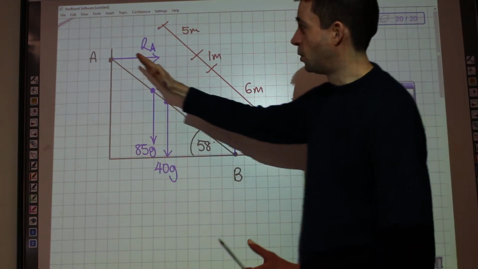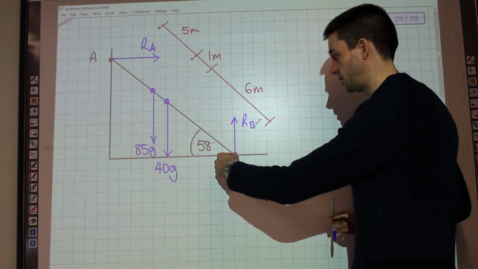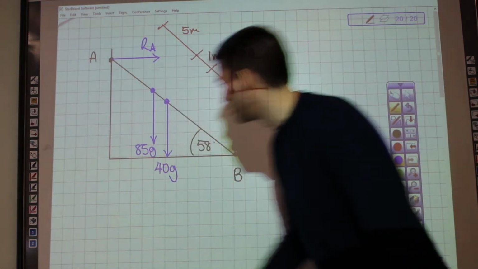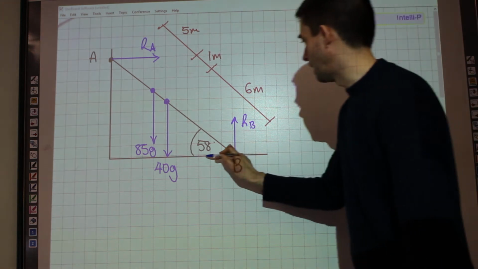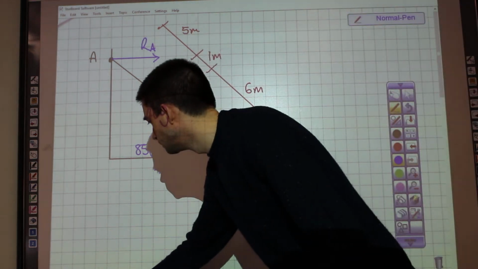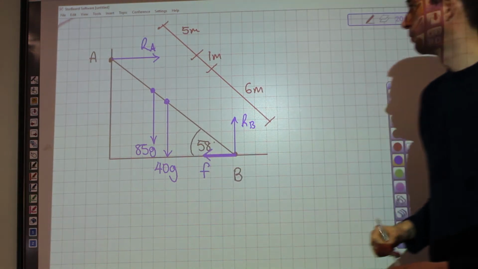Again, we consider what if the ladder were to slip? It would do this, which would mean the base would move to the right, so friction, opposing the direction of motion, must be acting to the left. So there is my frictional force there.